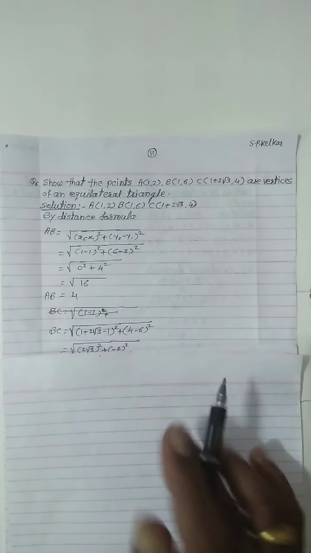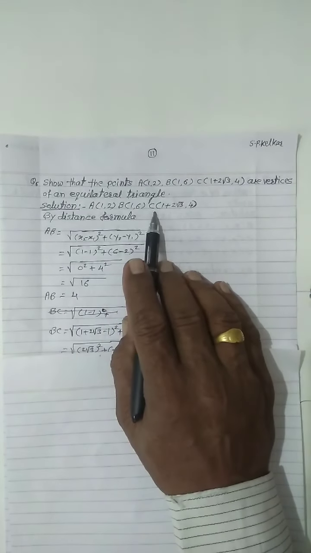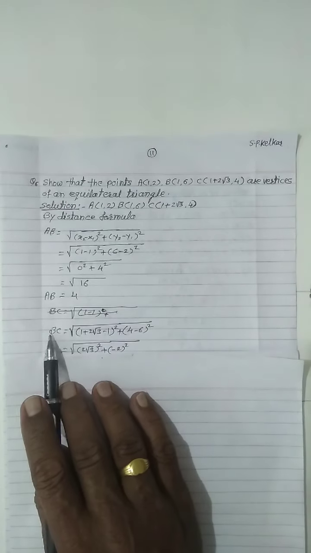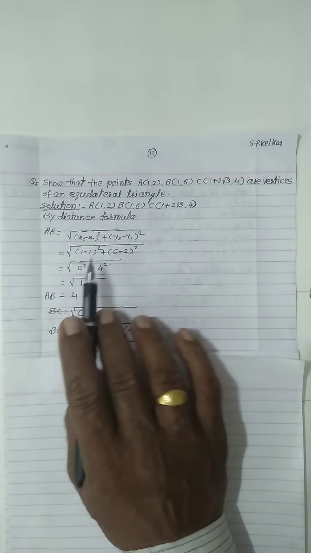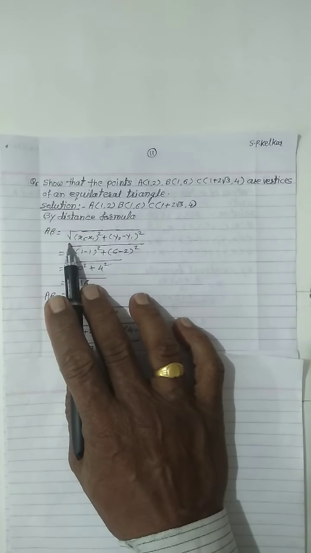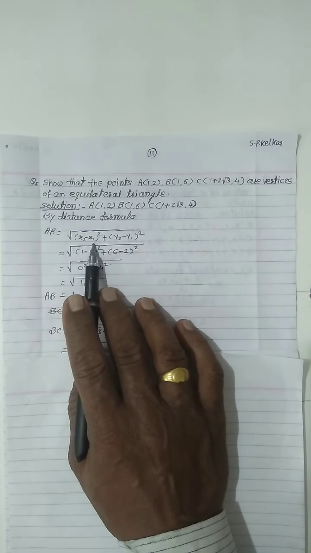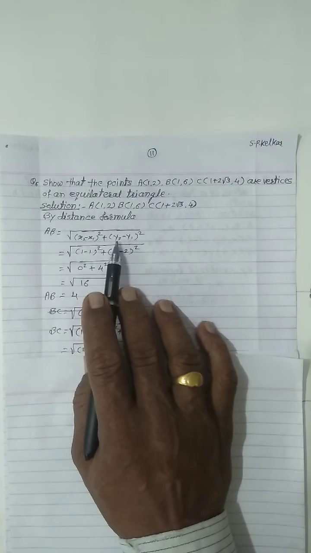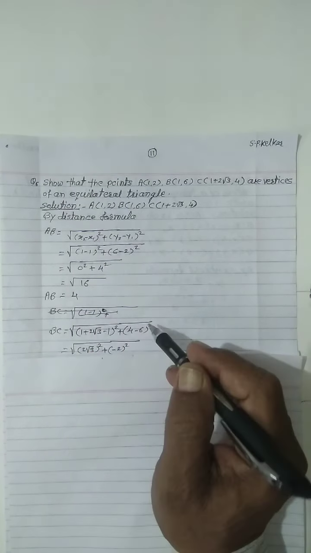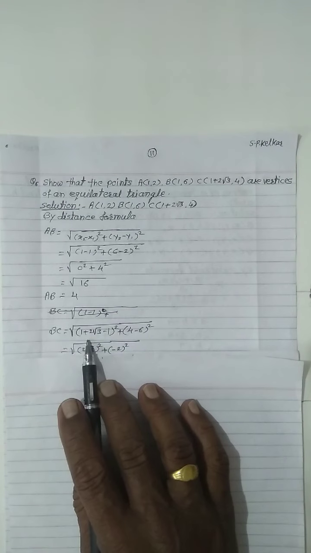Then again we find the length BC. For that we write the same distance formula, BC equal to under root (x2 minus x1) square plus (y2 minus y1) square, and put the values.